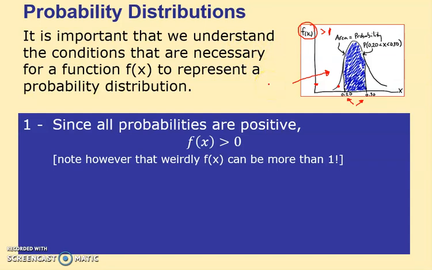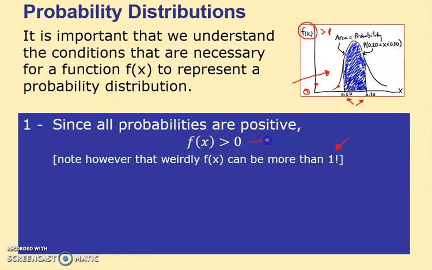So one thing we can definitely say is, since all probabilities are positive, f of x has got to be bigger than 0. But note, as I've already said, it can be bigger than 1, so it can go up forever and ever. But definitely, this slightly weird measure of probability, something-ish, can't be negative.